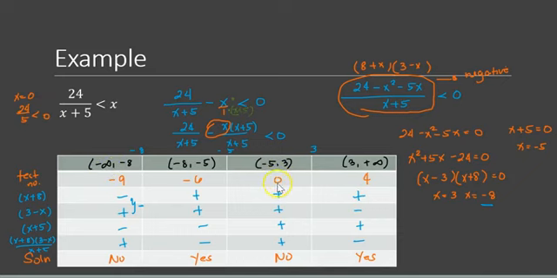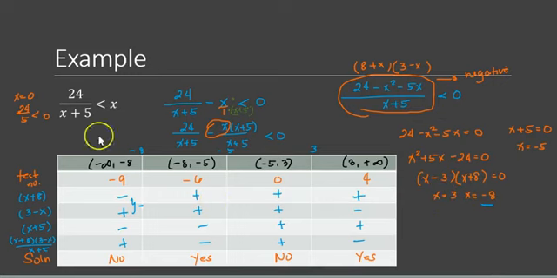So what's our final answer? Take note that we don't want this to be equal to 0, so we are not including the zeros of the numerator, which are 3 and negative 8. They cannot be part of the solution because if x is 3 or negative 8, this becomes 0.